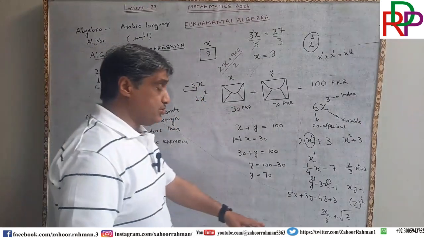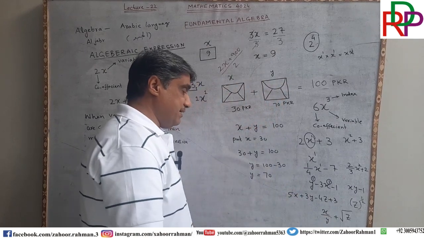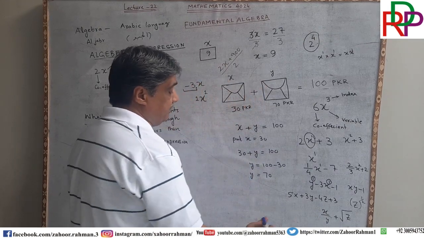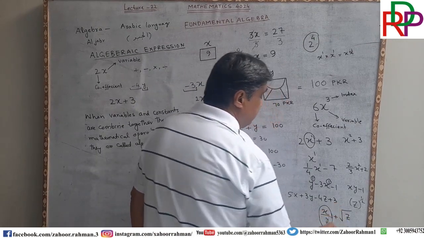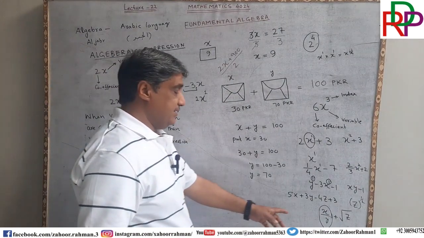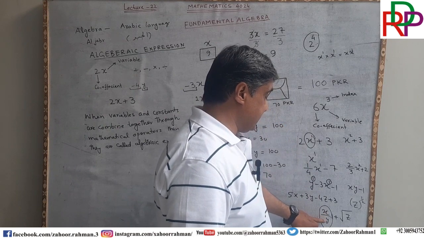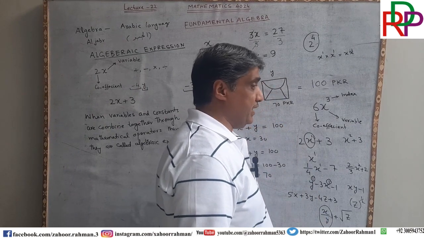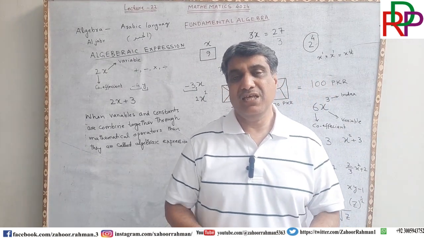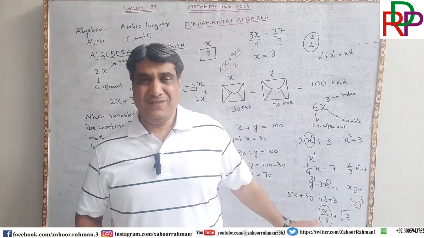So it is also not a linear equation. And remember that a linear expression can never be written in the form of x divided by y, or y divided by x. If it is the case, then we cannot call it a linear expression.